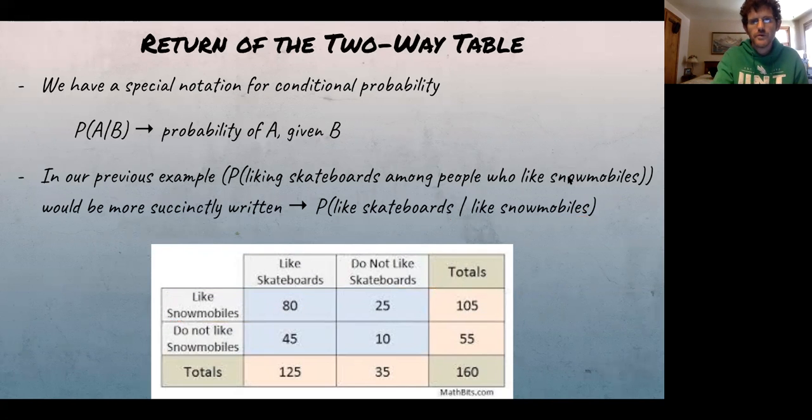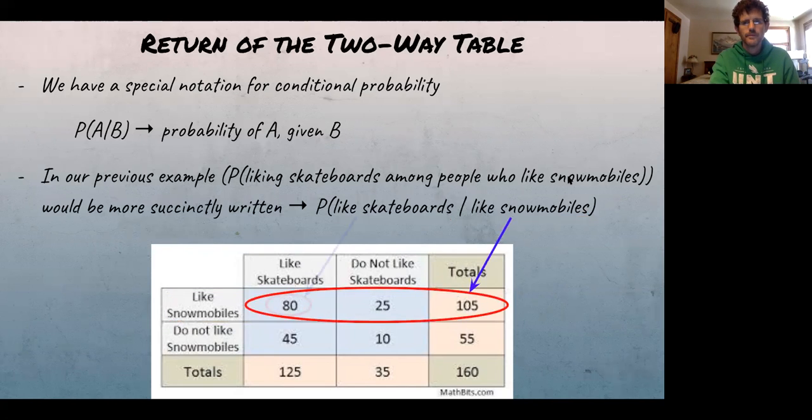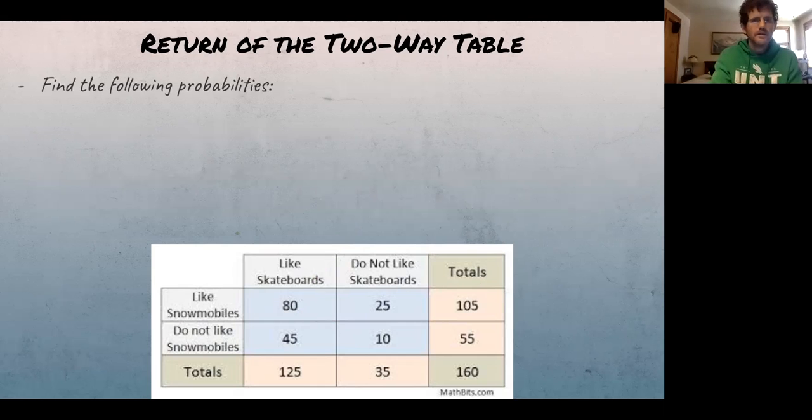I'll just keep moving forward. So find the following probabilities. You can just write this on the screen. What's the probability of not liking snowmobiles? Pretty straightforward on this one.